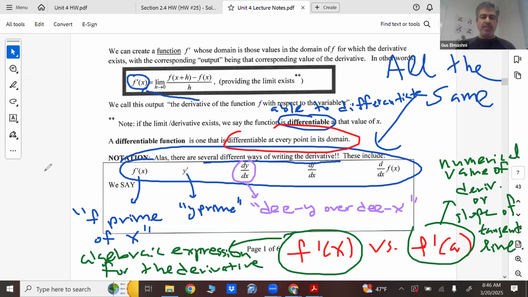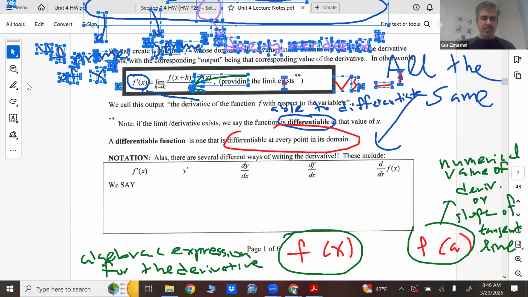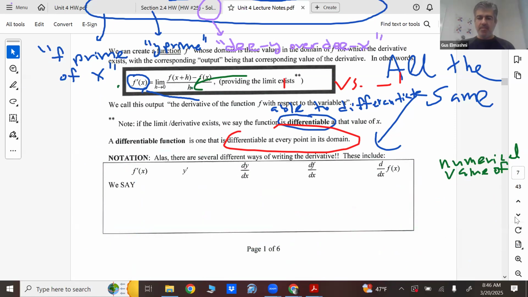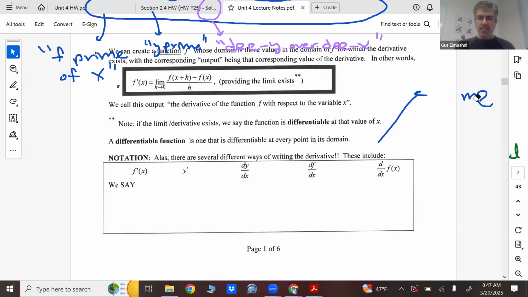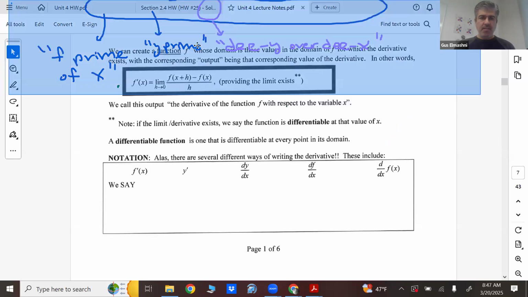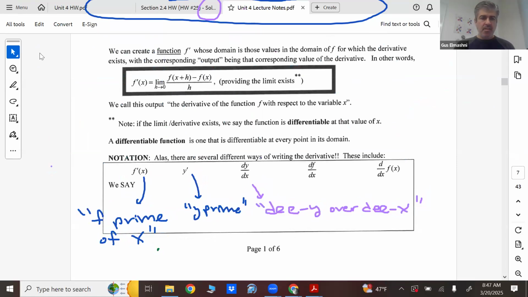Let me clear the screen for a moment and move some stuff around. Okay, so now let me talk about the other ones here.